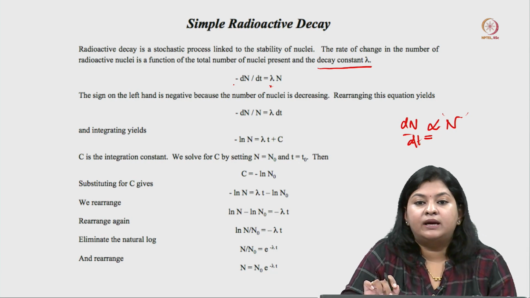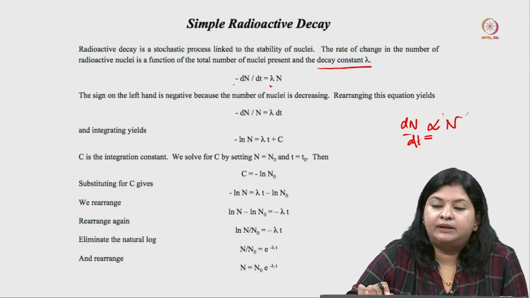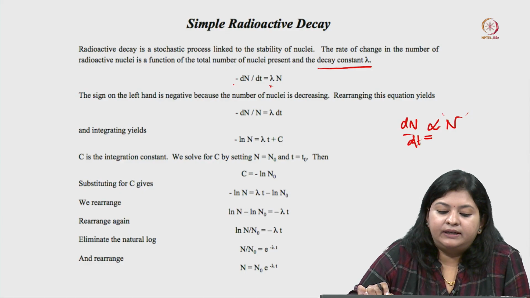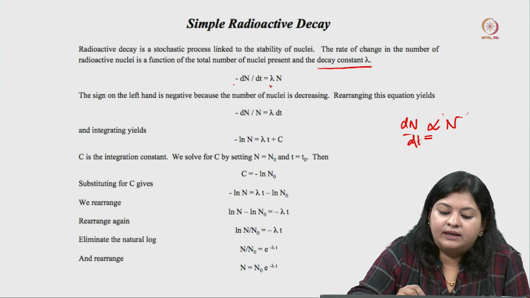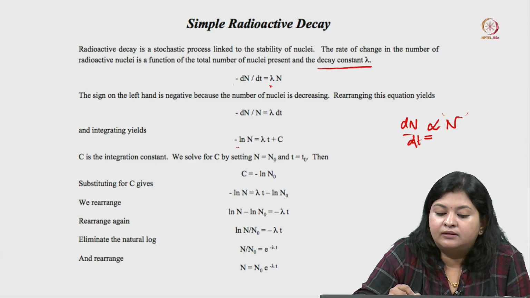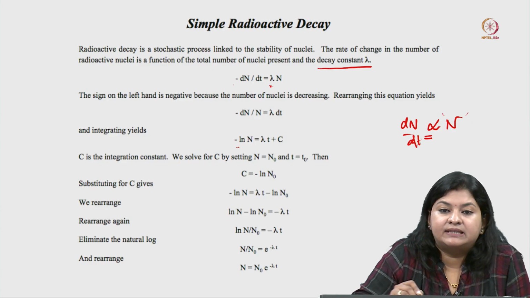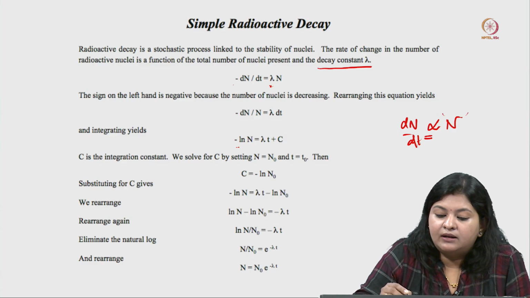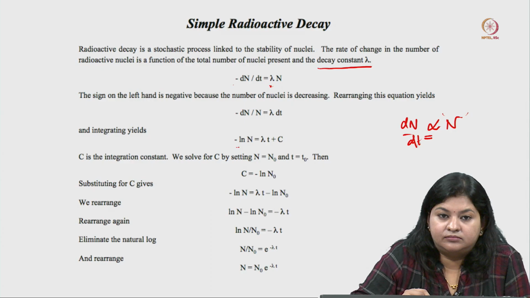After integrating, you integrate dN by N, so you get ln N equals minus lambda t plus C. Now, C is again a constant term, so we have to find out what C is.